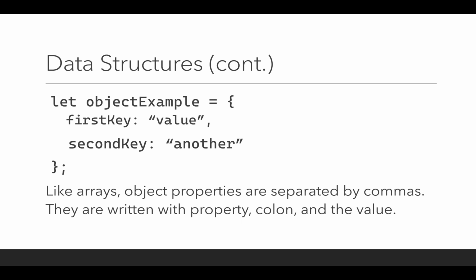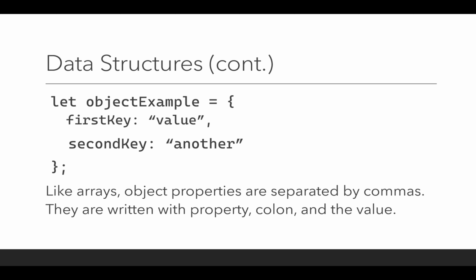Let's look at an example of an object literal. Here we have objectExample, here defined using open and closing curly brackets, and this is important. All objects in JavaScript use open and closing curly brackets.